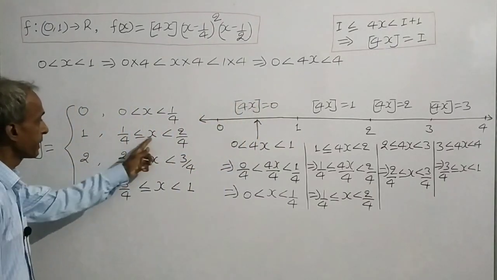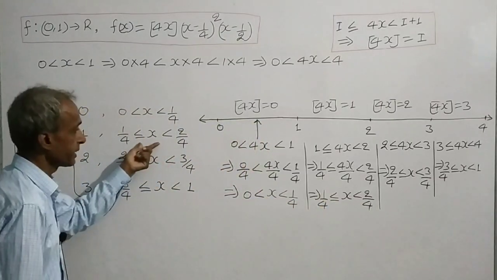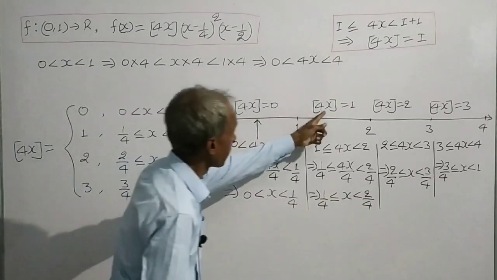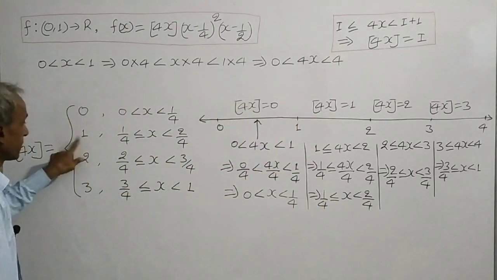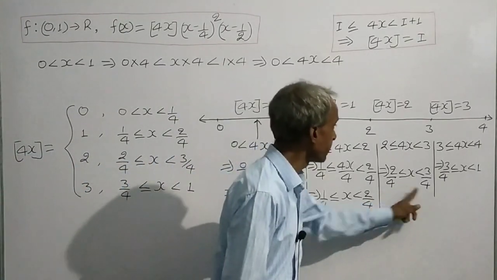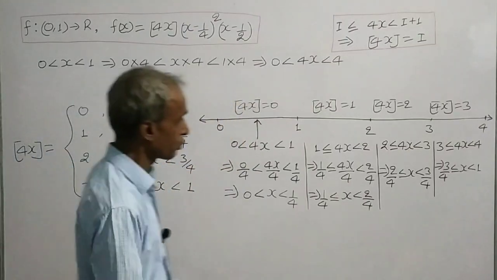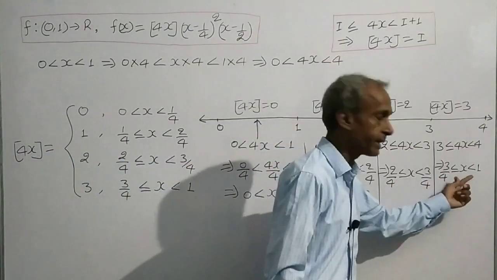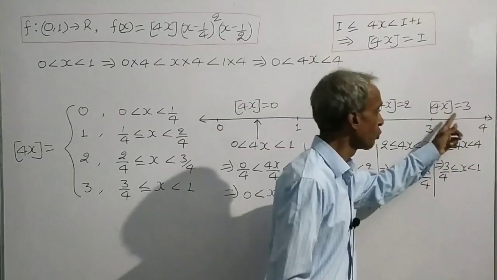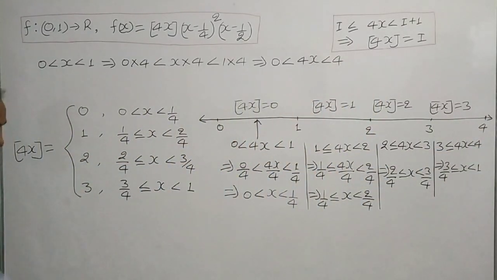Therefore, when x lies in this interval, the greatest integer of 4x is equal to 1. Similarly, when x lies in this interval, the value is 2. And when x lies in this interval, the value will be 3.